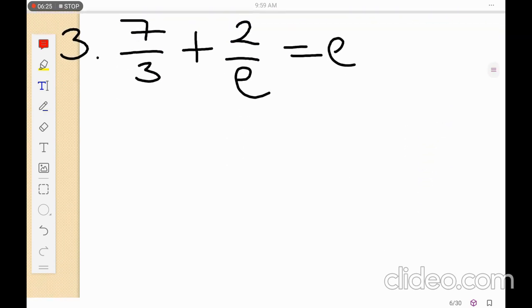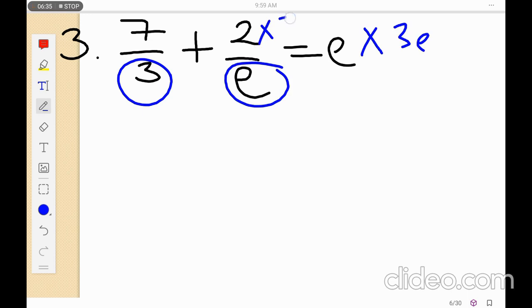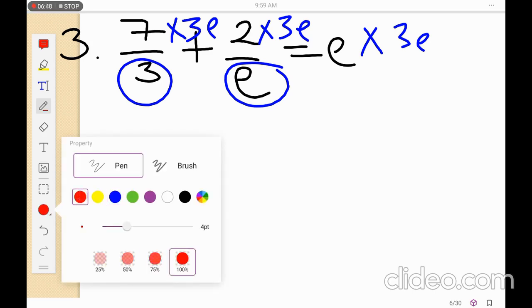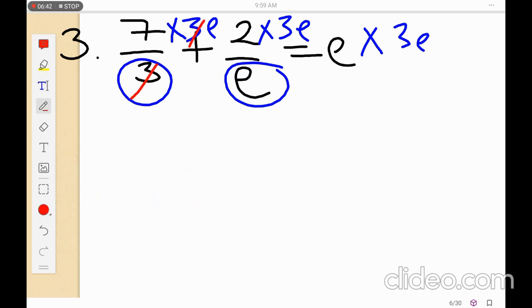For this one, we are going to multiply by 3e. Our lowest common multiple here is 3e. So I'll multiply everything by 3e. Okay, so let's divide now. 3 and these 3 cancel. We remain with 7e there, plus e and e cancel.